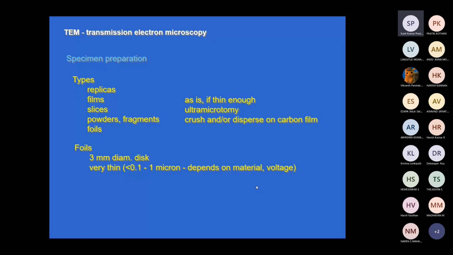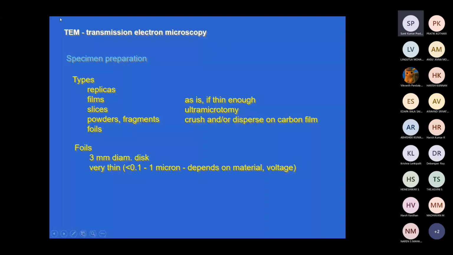So the specimen can be taken in any form, either film, powder, fragment foils, or slices, and then it is made thin enough by ultramicrotomy. That is the instrument called an ultramicrotome. We are able to cut it and disperse it on the carbon film.